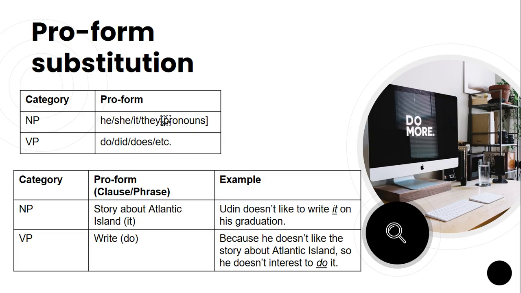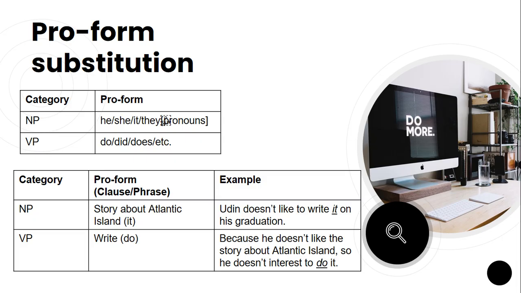And we're looking at the second table. Category noun phrase, and the pro-form: "story about Atlantic Island" goes to "it." The example: "Udin doesn't like to write it on his graduation." "It" in this example refers to "story about Atlantic Island."